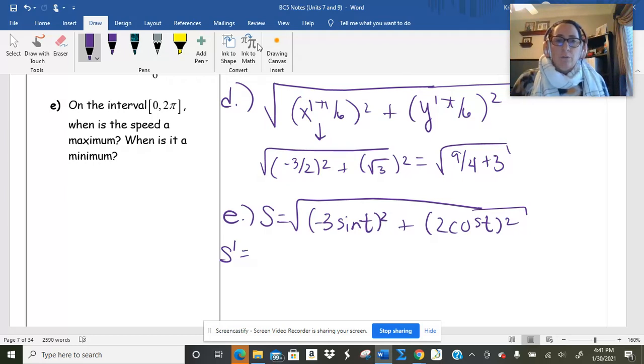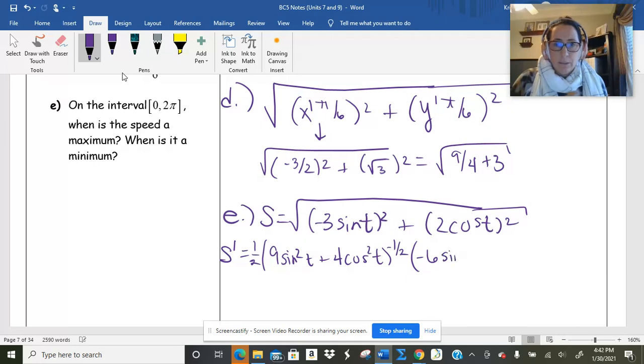I'm going to take my chain rule, 1/2, leave the inside alone. I'm going to rewrite that inside just for fun: 9 sine squared t plus 4 cosine squared t to the negative 1/2, times the derivative of the inside. So this would become negative 6 sine t cosine t, and then plus 4 cosine t times negative sine t. I went ahead and just left that.